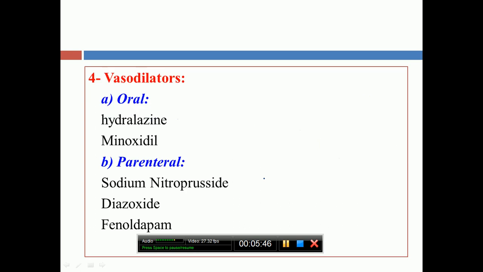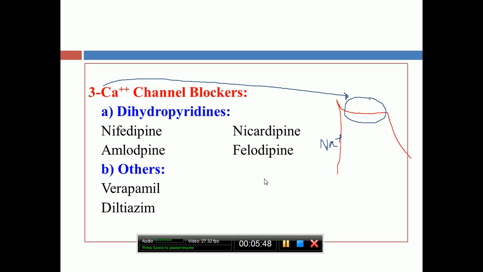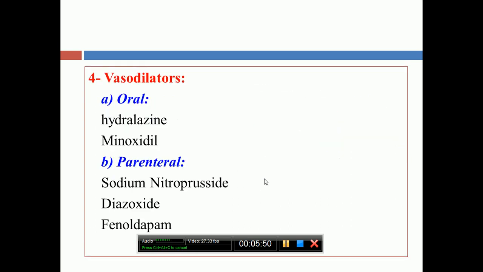We studied these in the last lecture as well, on antiarrhythmic drugs. Then the pathophysiology of hypertension also said that if the diameter of the vessel is less or vasoconstriction is there, then it will increase the peripheral vascular resistance.